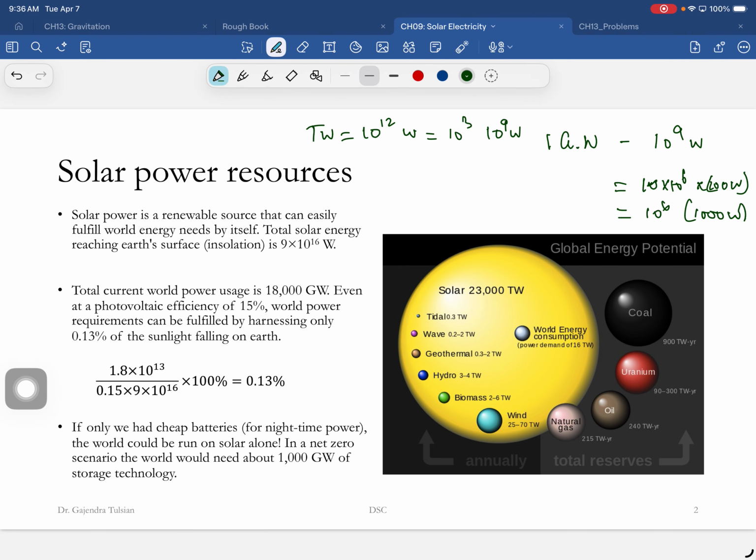That's what that number is. So to run the world, you need 16,000 Hoover Dams running all the time. That's what you need currently: 16,000 Hoover Dams running all the time to run the world.